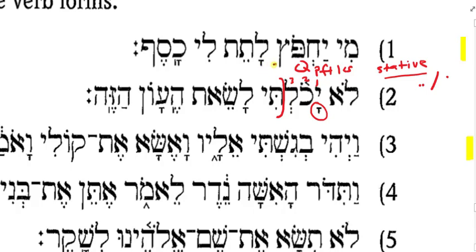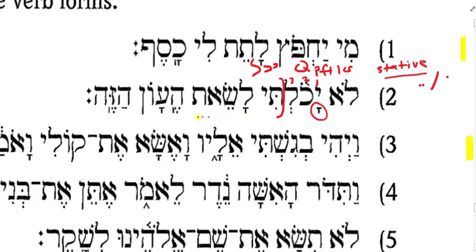So I know it's been a while since we've seen it, but that's the kal perfect. Okay, so yakolti. I was able. Put lo in front of it. I was not able. Okay, what was I not able to do?